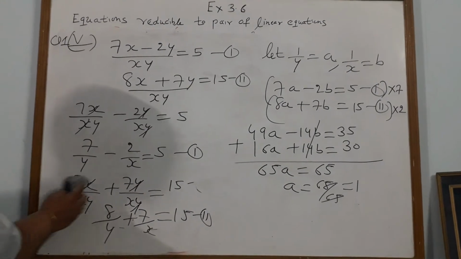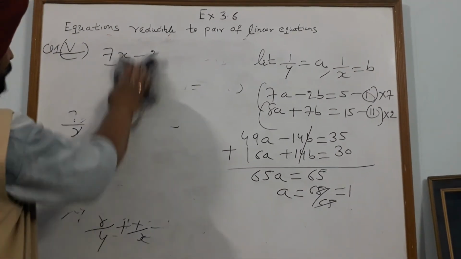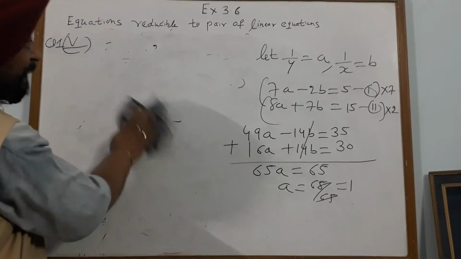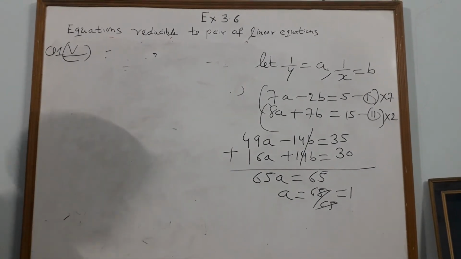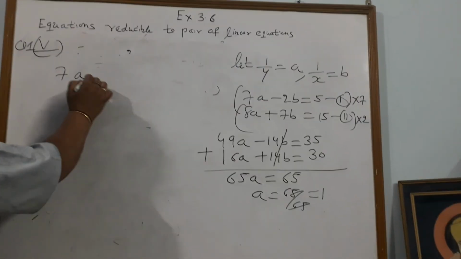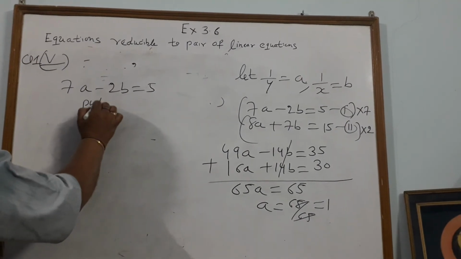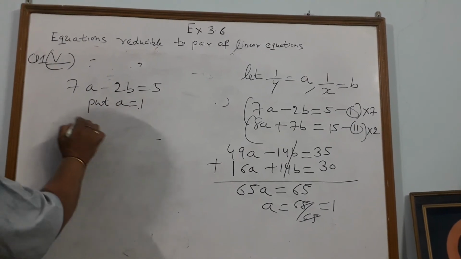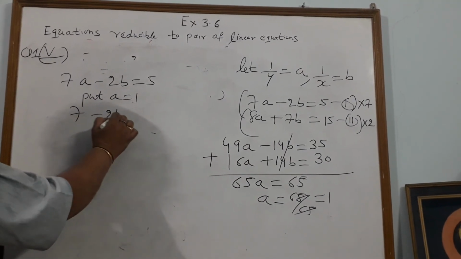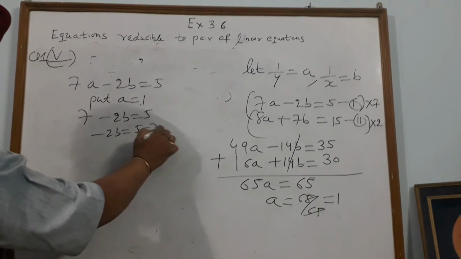Now to find the value of b, you put a is equal to 1 in equation 1, that is 7a minus 2b is equal to 5. Put a is equal to how much? 1. So 7 minus 2b is equal to 5. Minus 2b is equal to 5 minus 7.